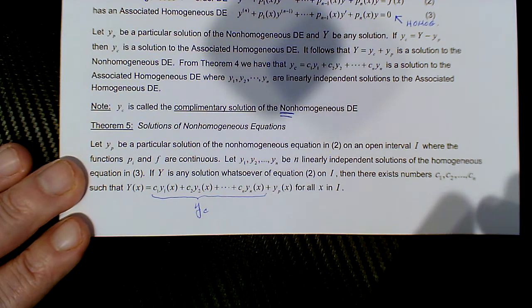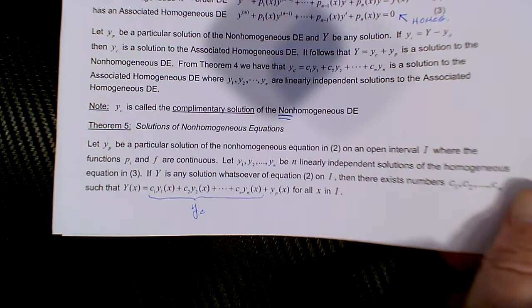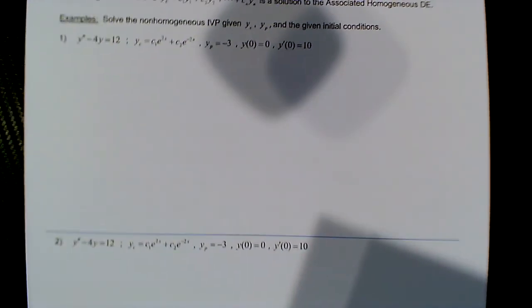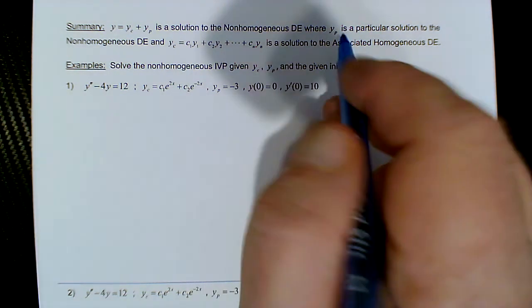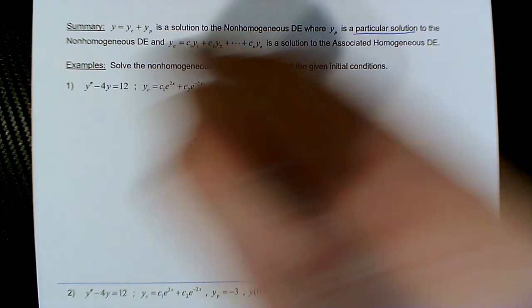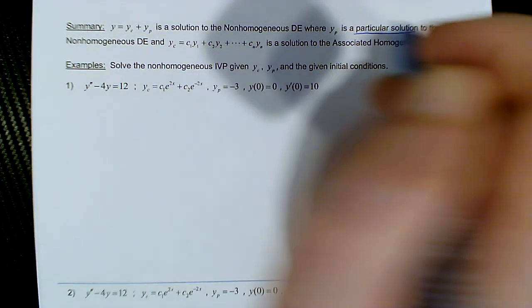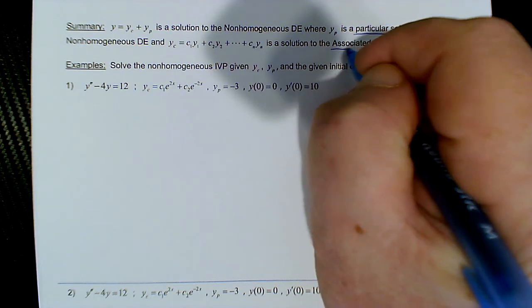So a quick summary of all of that theory is basically that y equals y sub c plus y sub p is a solution to the non-homogeneous, where y sub p is the particular solution of the non-homogeneous, and y sub c is a solution to the associated homogeneous.